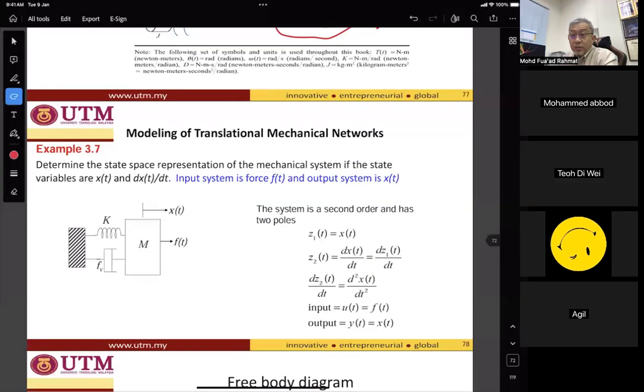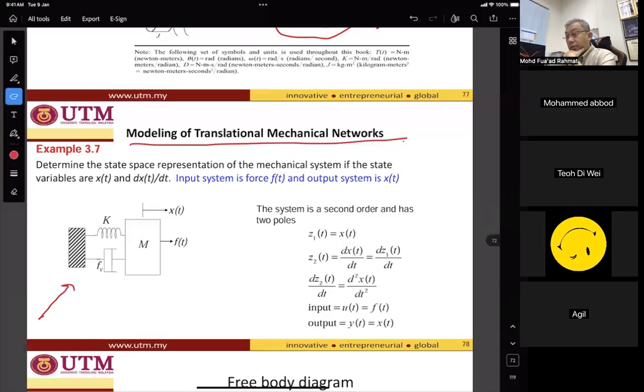Okay, simple modeling using translational mechanical networks. Okay, by looking at this, we have a single damper, single spring, and single mass.